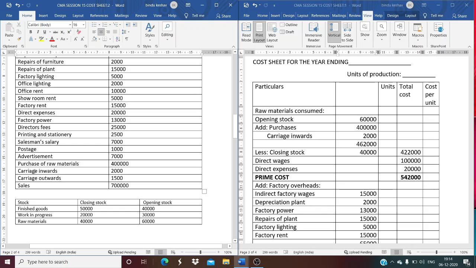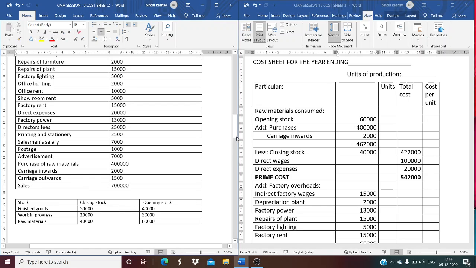Carriage inwards, these are the transportation expenses involved in bringing the raw materials. It will be added to the purchase of raw materials. Carriage outwards are the transportation expenses involved in getting the finished goods out of the factory. So this comes under sales and distribution overheads. Then we have information about sales.